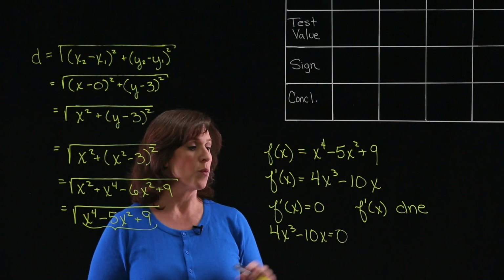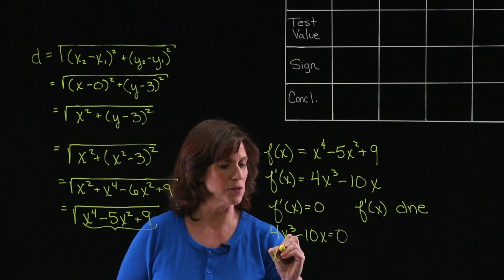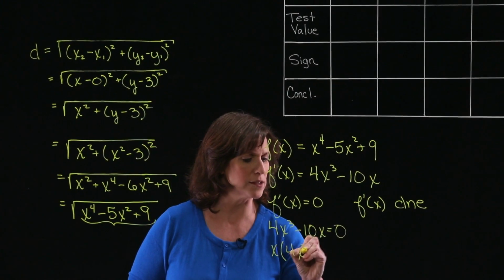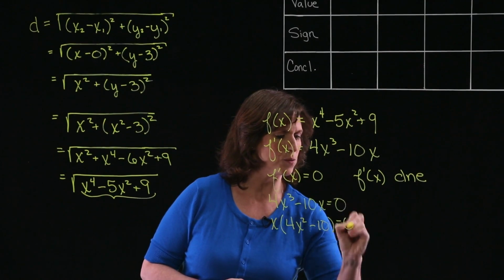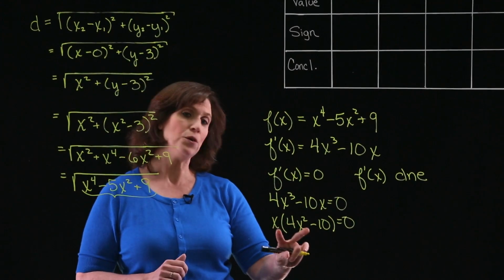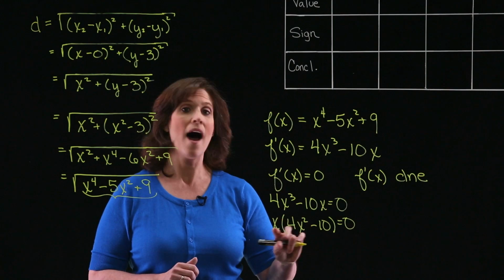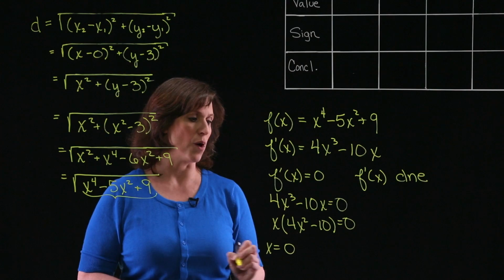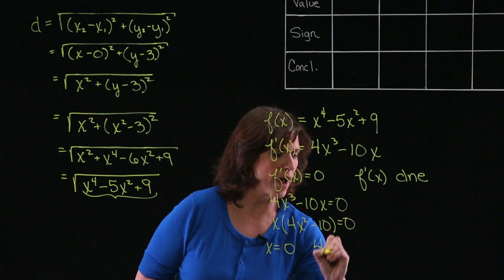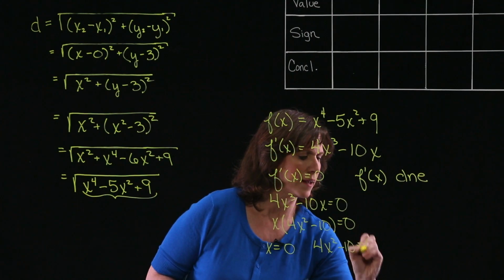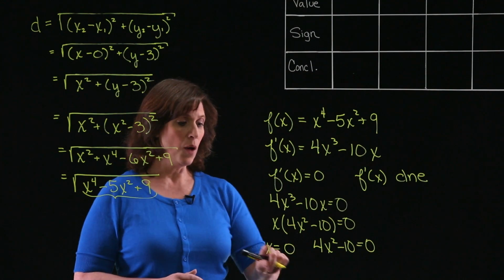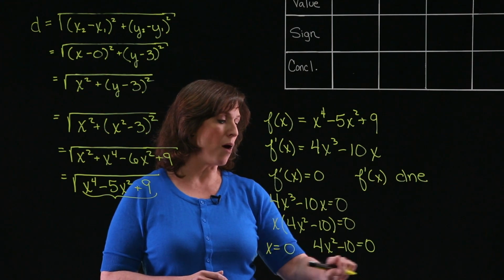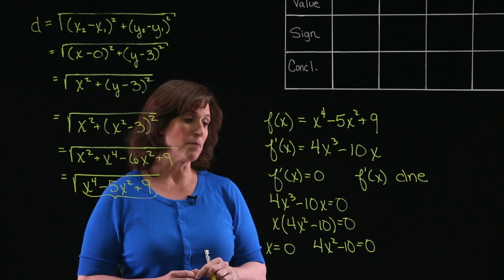That's a polynomial. We're going to solve by factoring, first of all, so that I can take an x out of both terms. And I have x times the quantity 4x squared minus 10 equals 0. And if I have two things multiplied together that equal 0, I know one of them has to be 0. So either x equals 0 or 4x squared minus 10 equals 0. Well, this part's already set for me. I know that there's a critical number at 0, but I'm also going to consider 4x squared minus 10.